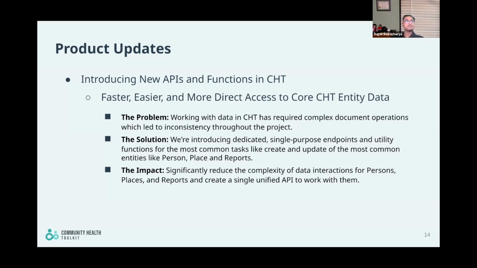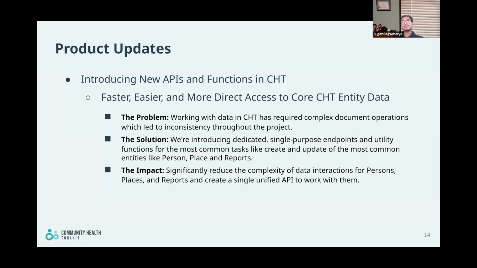The problem that we wanted to tackle with all these APIs was, first and foremost, consistency and complexity of working with the data or data entities in CHT. For example, creating a person was not that straightforward, or creating a hospital or clinic as such.